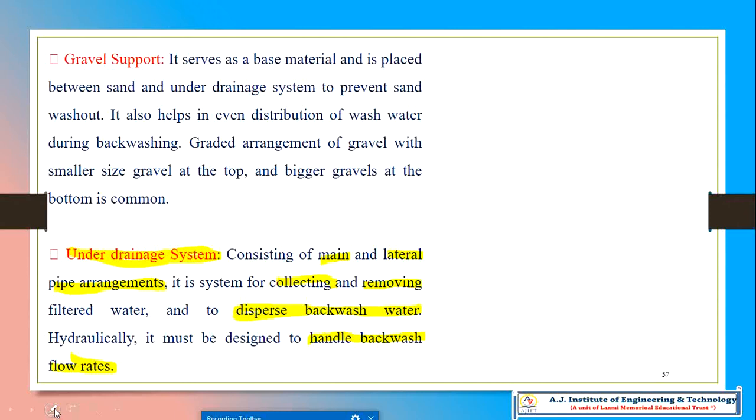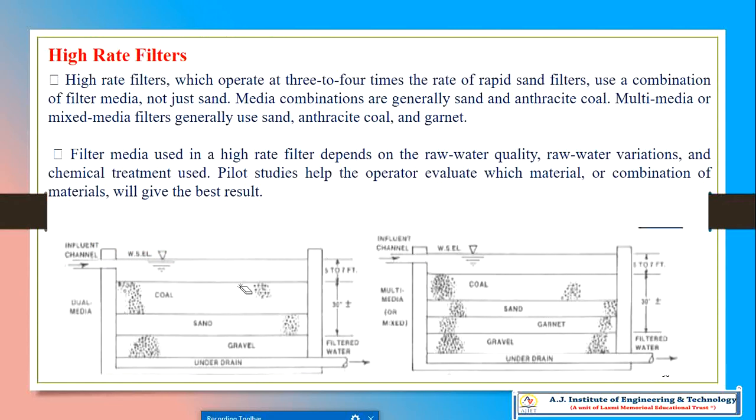Okay, we'll move to another slide. What are high rate filters? What is the duty of high rate filters? We will concentrate particularly on high rate filters, which operate at 3 to 4 times the rate of a rapid sand filter.